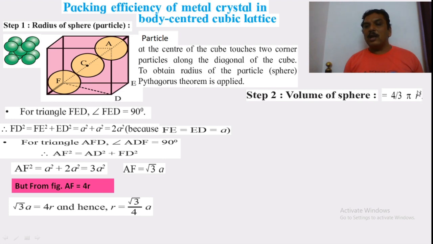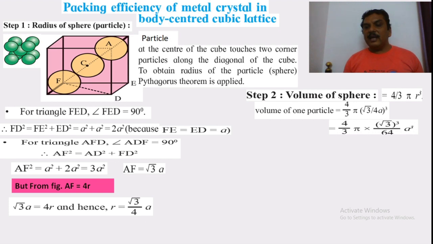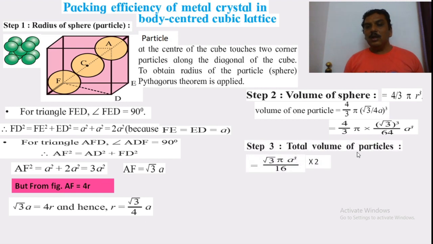We will put the value of R as root 3 by 4 a and do the further calculation. We will have 4 by 3 pi, and the cube of 4 is 64, and that of a is a cube and root 3 cube. Now the total volume of particles: in BCC, as I have already mentioned, there are two particles, and this is the volume of one particle.